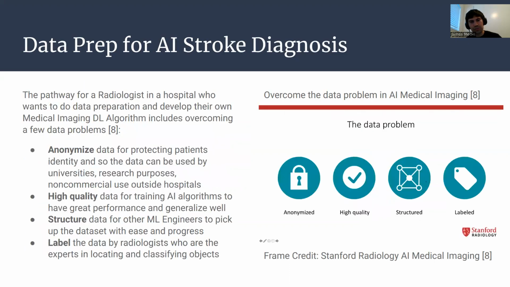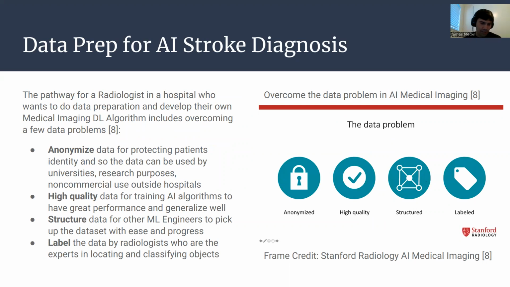Probably one of the most crucial areas in data preparation is the labeling of the data. The AI developers are typically not the experts when it comes to identifying, detecting, and segmenting lesions in stroke MRI and CT scans. We can learn how to do it, like we just went through the process.